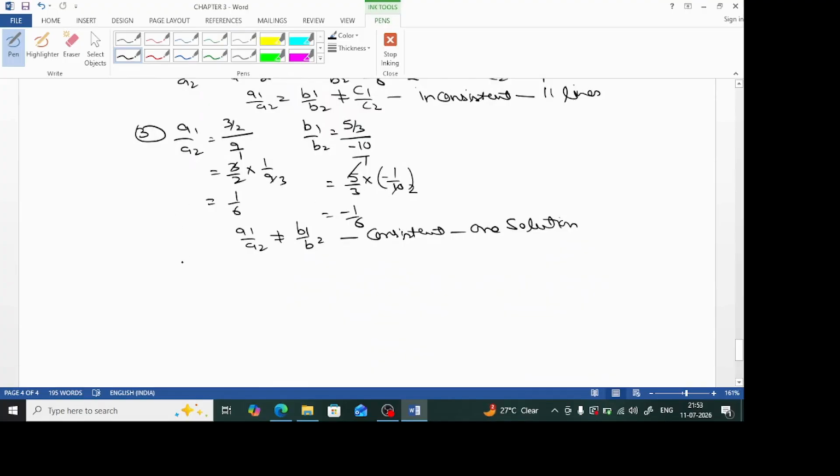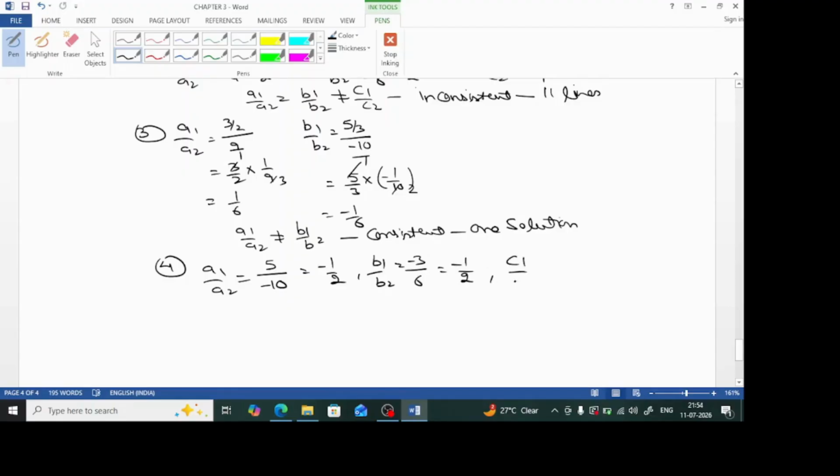Now let us do the fourth part. Here a1 upon a2 is equal to, a1 is 5 and a2 is minus 10. It will become minus 1 by 2. b1 upon b2 is equal to, b1 is minus 3 and b2 is 6. It will become minus 1 by 2.